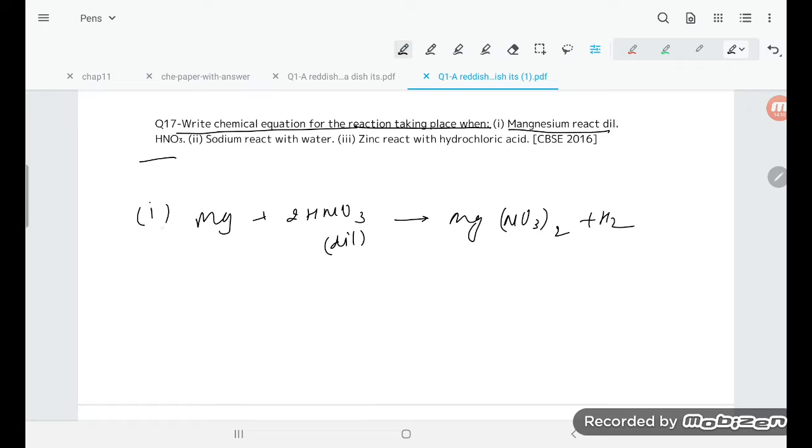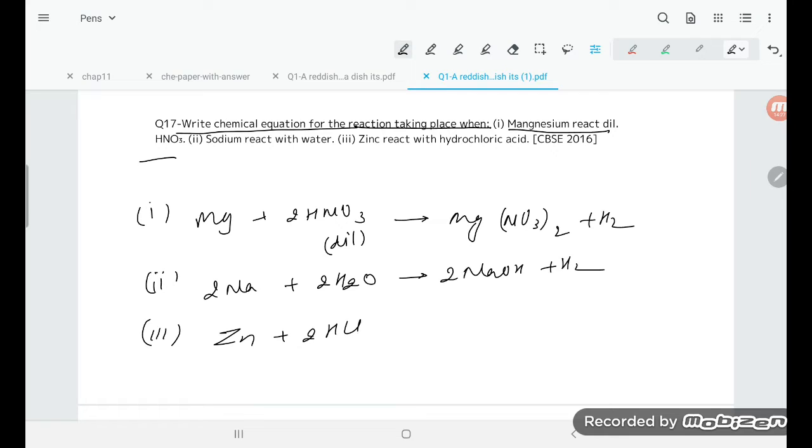Now the second one: 2Na plus 2H2O gives 2NaOH plus H2. And the third one, Zn plus 2HCl gives ZnCl2 plus H2, right? These are sodium reacting with water and zinc reacting with hydrochloric acid. These are the balanced chemical reactions.